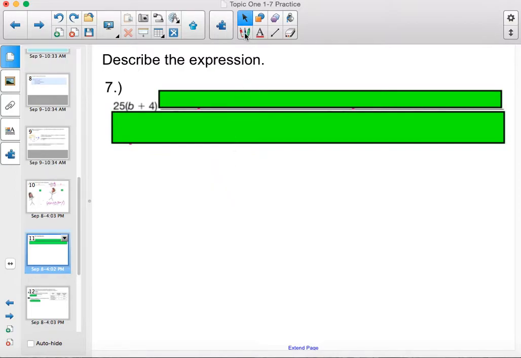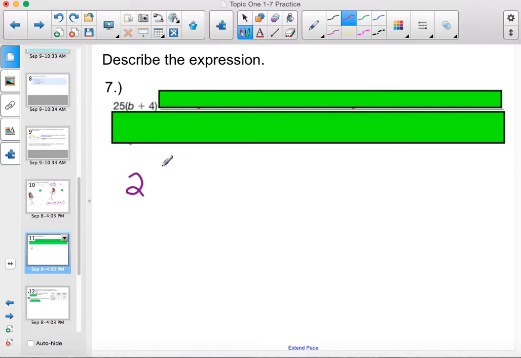Now, when you look at this expression, what you'll notice is that we have 25. I'm going to write out the whole expression. We have 25 next to b plus 4. Okay, so when we look at this, the first thing we want to do is always look at our expression, and we see that we have the operation of multiplication because we have 25 next to parentheses, and we have addition.